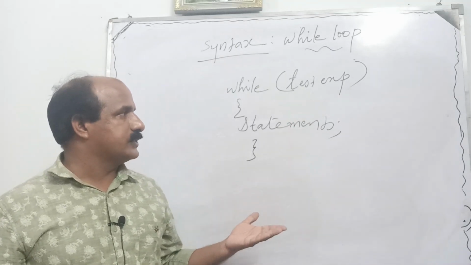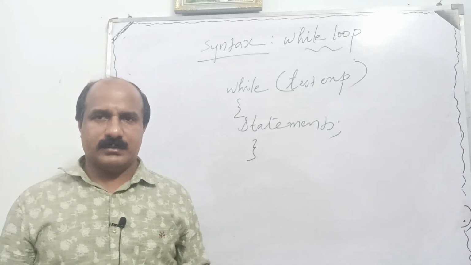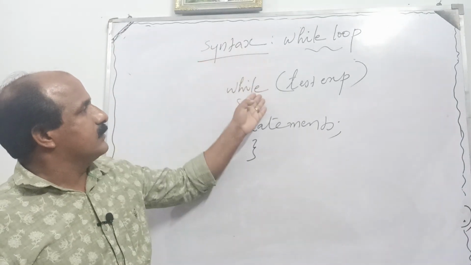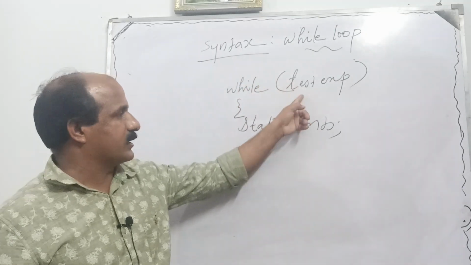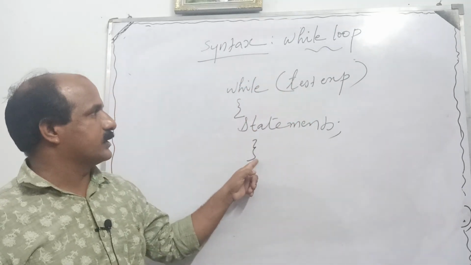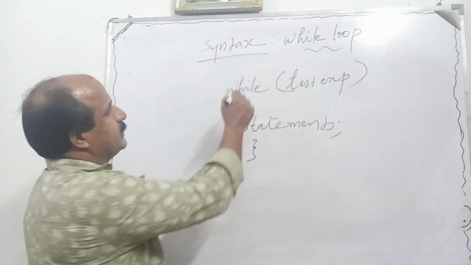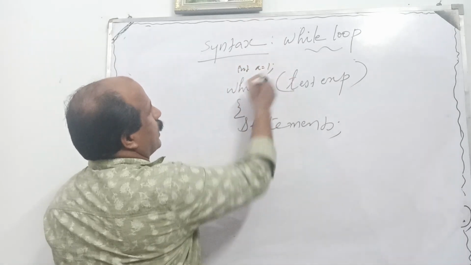Now we are going to see how this is going to execute with an example. First, the while condition will be checked. Whatever condition you are giving, that will be checked. If the condition is true, then the statement will be executed. Suppose I am writing here int a is equal to 1.